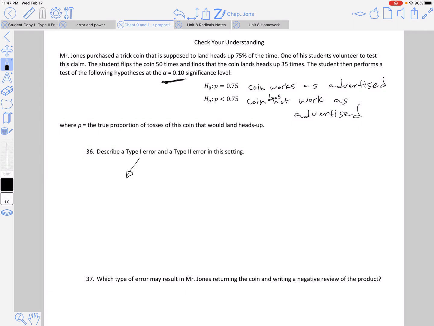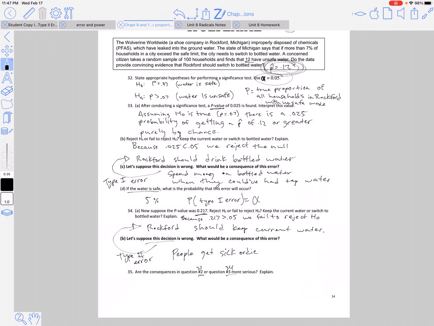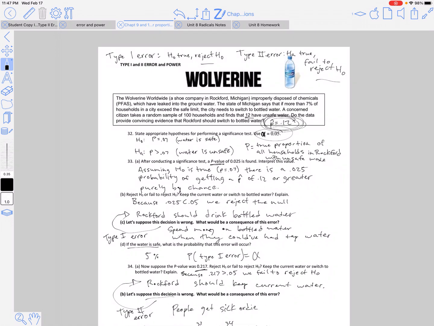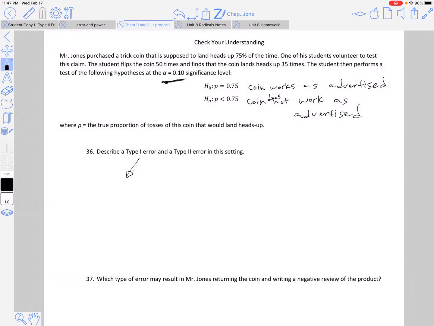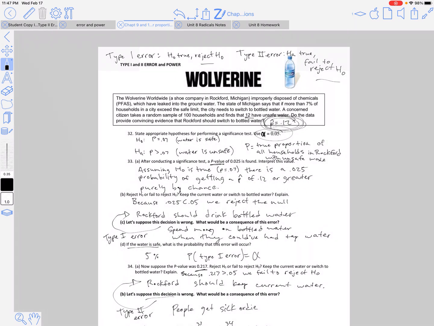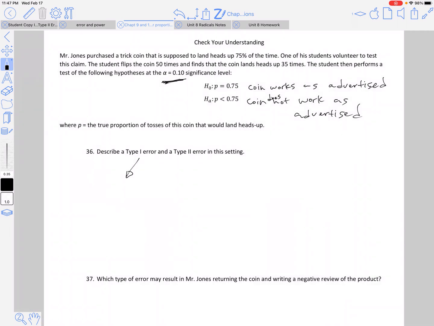So, type 1 error. Remember, type 1 error is, so kind of think about it, we usually write the null first. So it's when the null is true, right? The null is true, but we reject it. Type 1 error. We always write the null first and then the alternative second. So type 1 error, the null is true, but we reject the null.